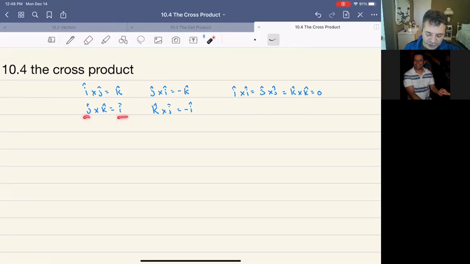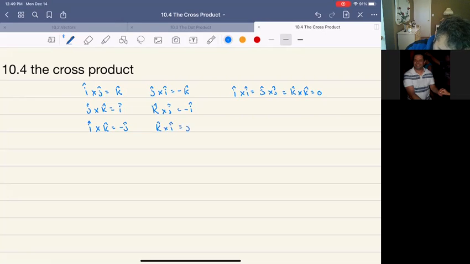Here, i, j, k, you just go from left to right, but you can cycle it around. Here, i, k, j, that's backwards order, all right? i cross k, that's negative j, whereas k cross i equals j.